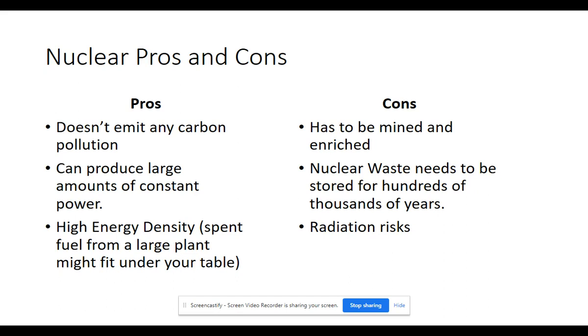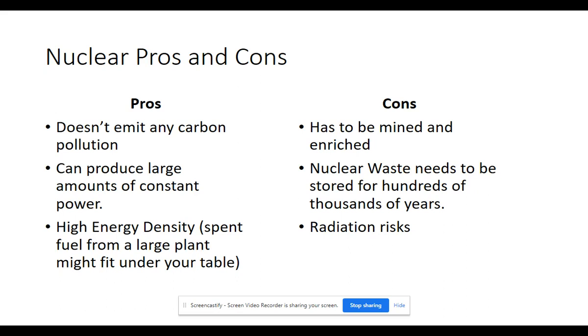Sometimes it's buried in the ground. Sometimes they build little bunkers for it. But either way, it has to be maintained over years and is very expensive to figure out where to put it. And of course, no one wants it in their backyard. You don't want a bunch of nuclear radiation hanging around. That's obviously a problem.